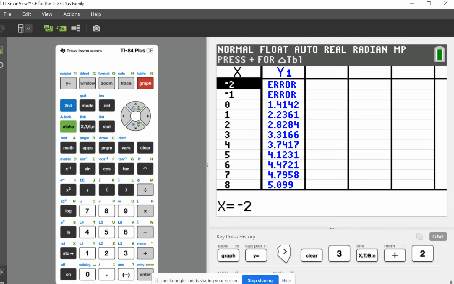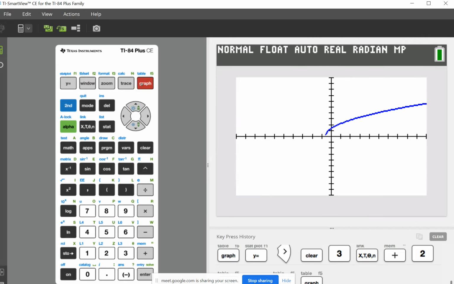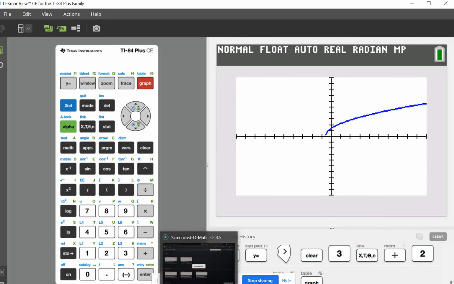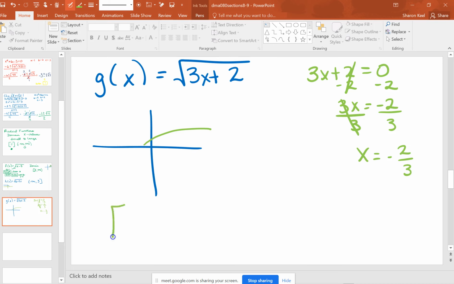So in this scenario, it's going to start at negative 2/3. It goes off the page, so that's positive infinity, and then use a parenthesis around the end. Okay? So that's what you're working with in the radical functions.